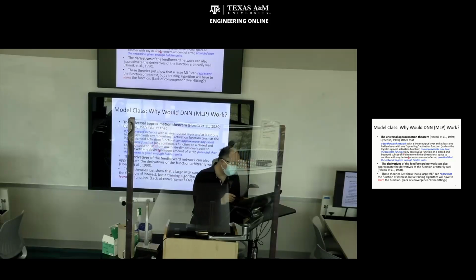By Borel measurable, I mean any continuous function on a closed and bounded subset of an n-dimensional real space. So a feed-forward network like that can approximate any Borel measurable function from one finite dimensional space to another, with any desired non-zero amount of error. That's the conclusion.